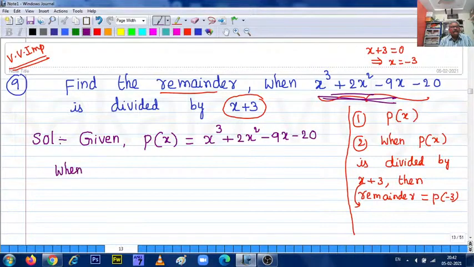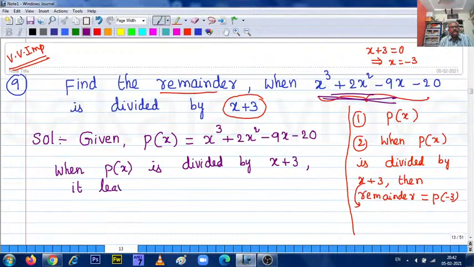When p of x is divided by x plus 3, it leaves a remainder p of minus 3. X plus 3 means minus 3, x minus 3 means 3, like that. So find p of minus 3.